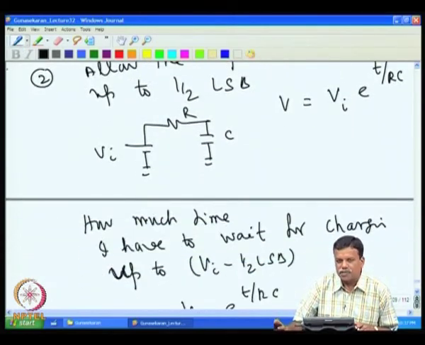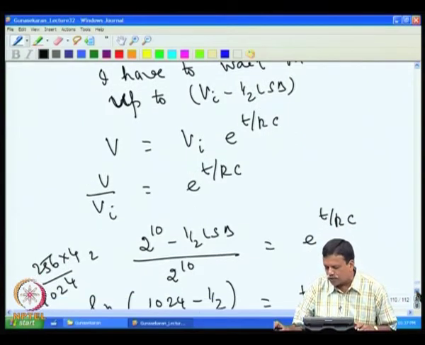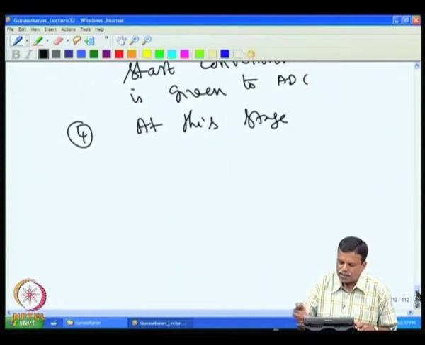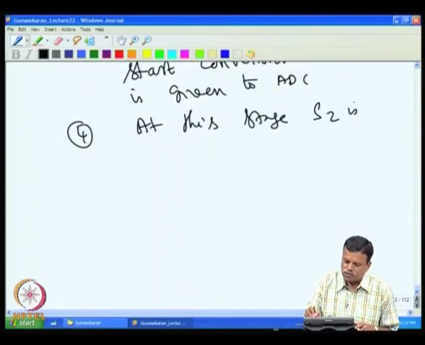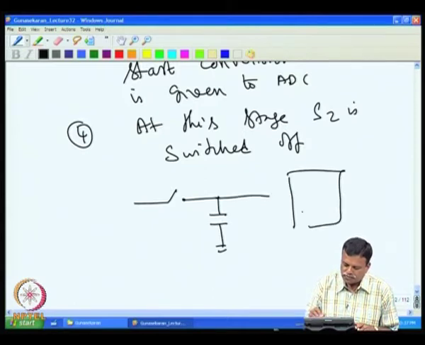So now the capacitor is completely disconnected from the input, and then the conversion starts. Whatever voltage is there in the capacitor goes to the ADC.